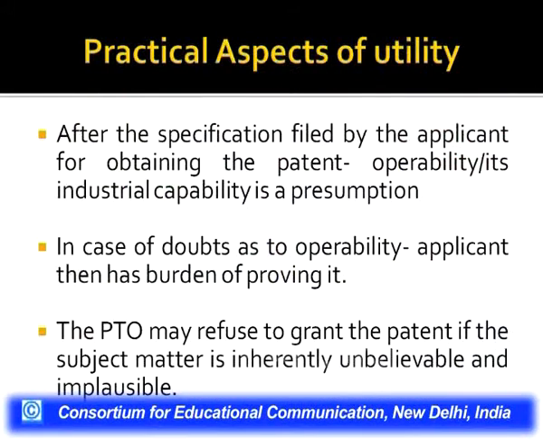When there is a doubt and the burden has not been cogently satisfied by the applicant of proving the involvement of utility in his work, the PTO may refuse to grant the patent. And in another situation, the PTO may refuse to grant the subject matter when there lies an inherently unbelievable and implausible promise of working of the invention.